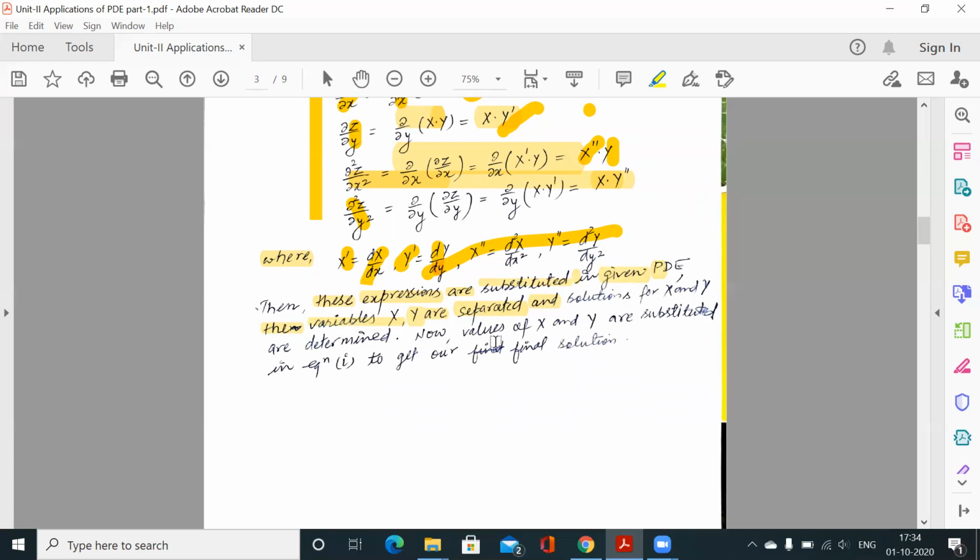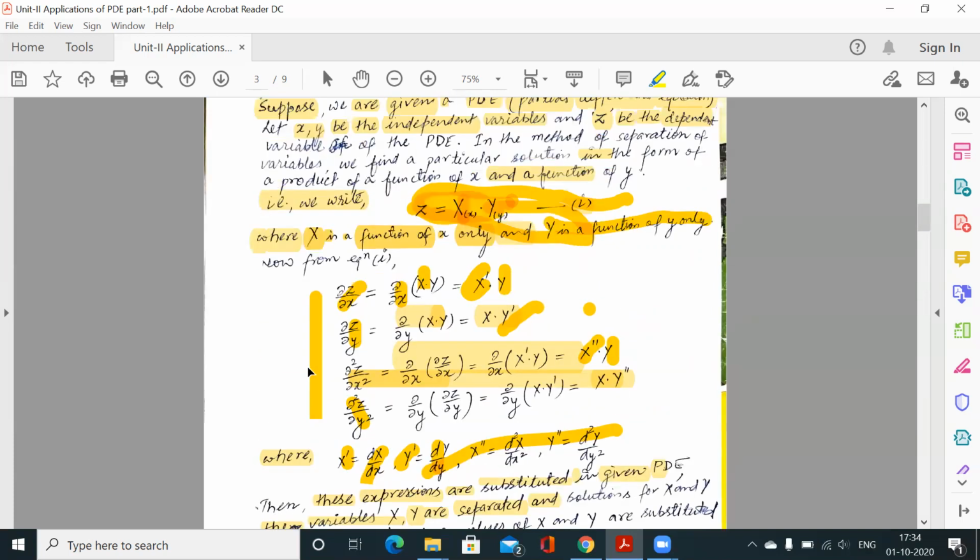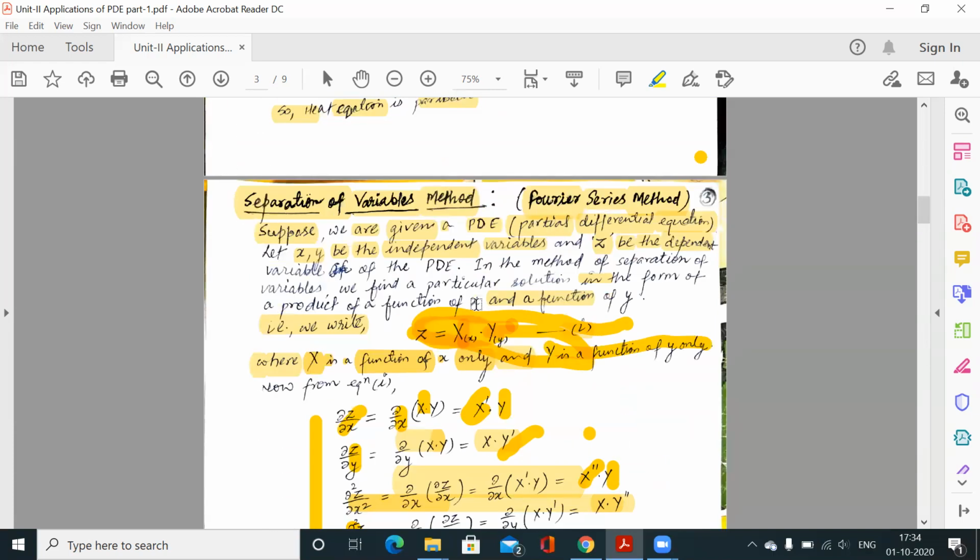This means we will always get a separation. Separation means all the terms containing x would be on one side, and all the terms containing y would be on the other side. That's why it is named the separation of variables method.